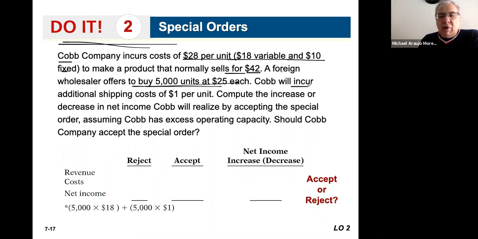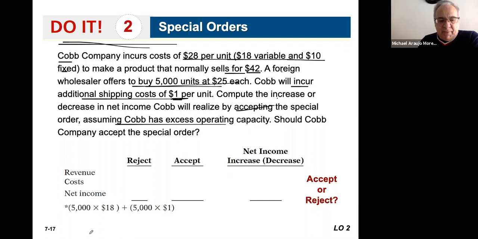What will Cobb incur? They'll incur an additional shipping cost of $1 per unit. So what is the increase or decrease in net income that Cobb will realize by accepting it rather than rejecting it? And we're assuming that Cobb does have additional capacity to make these additional 5,000 units, and it won't affect anything else.